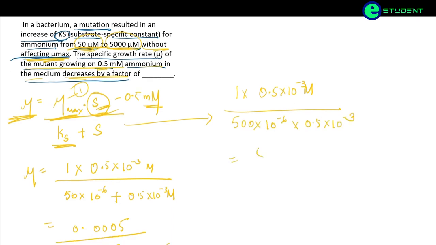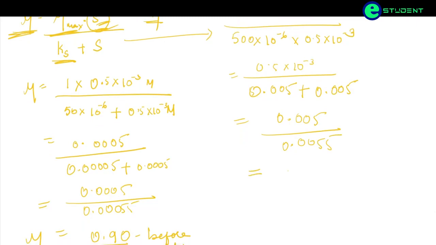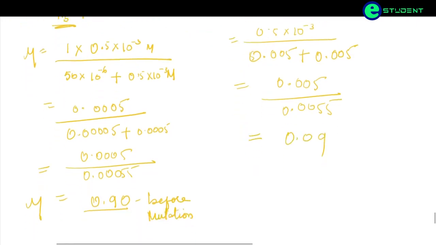Now this gives 0.5 into 10 to the power minus 3 divided by 0.005 plus 0.0005, and when we solve this, we get 0.0005 divided by 0.0055. This is going to be equal to 0.09.